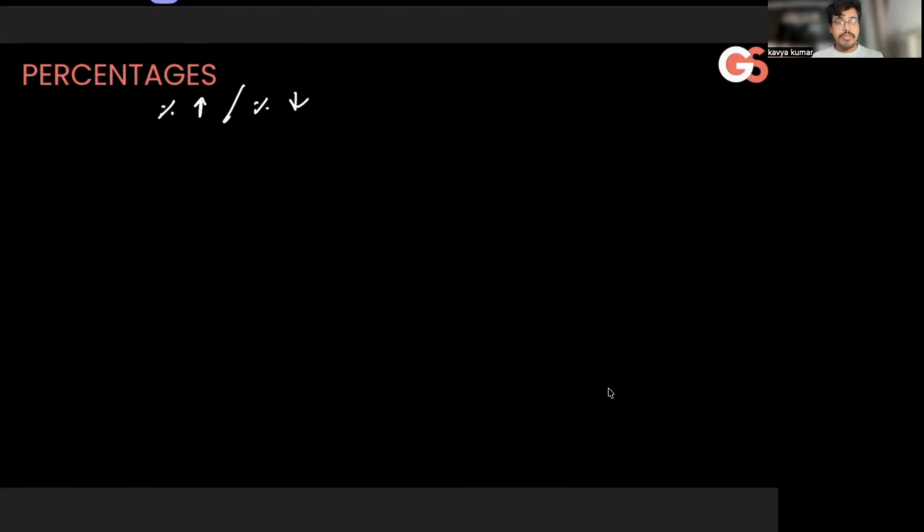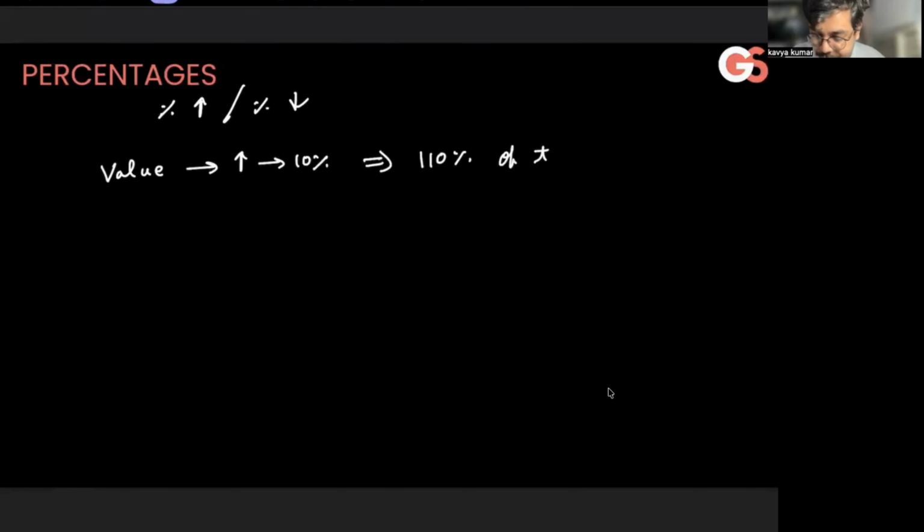Let's say a value is increased by 10%. This means that the new value is 110% of the original.